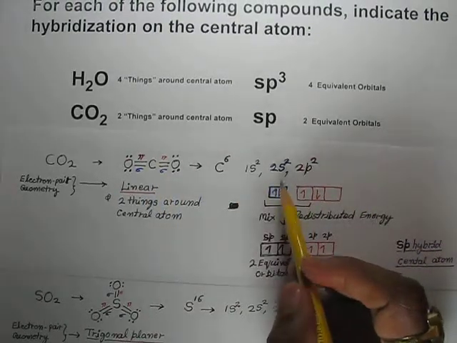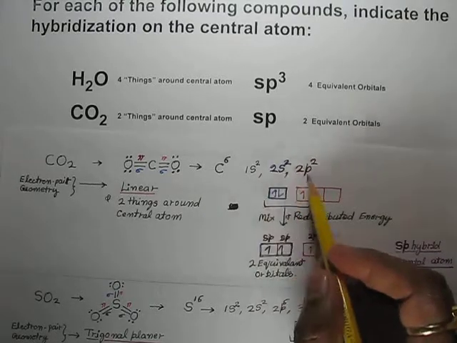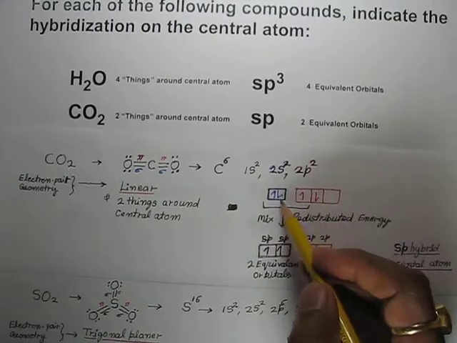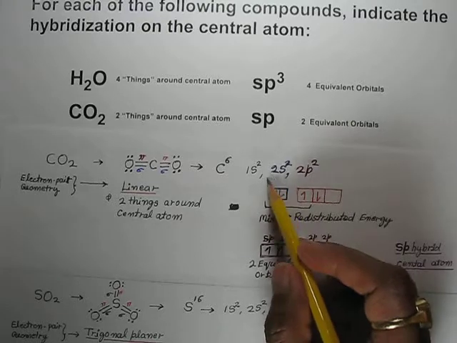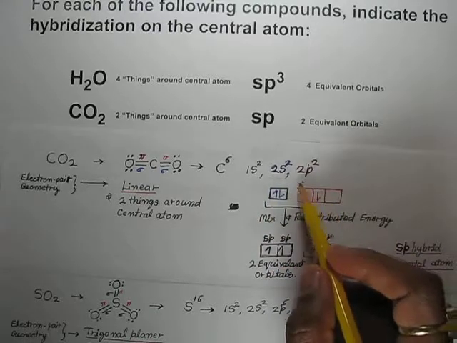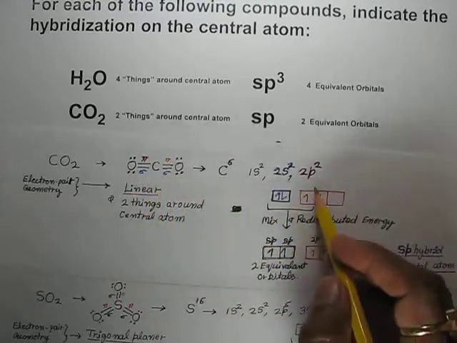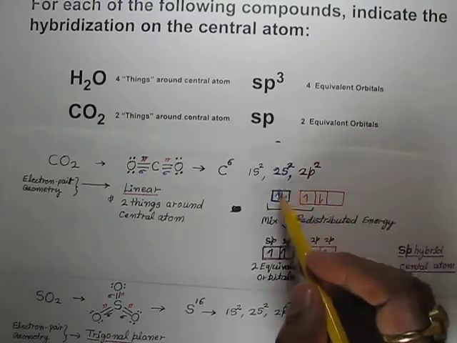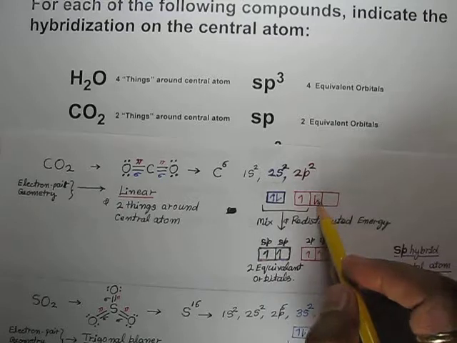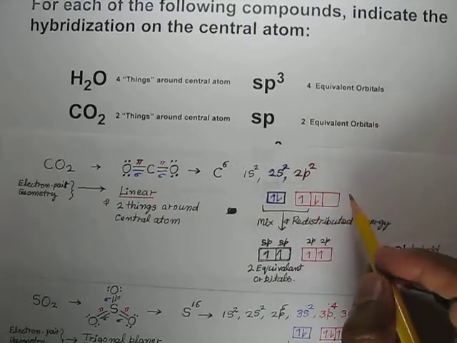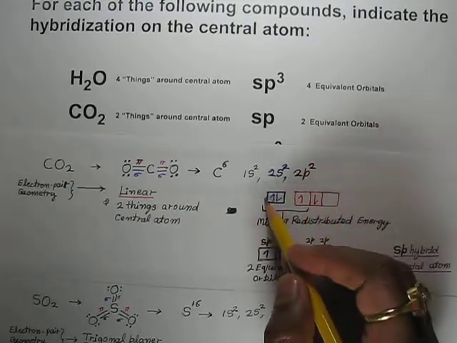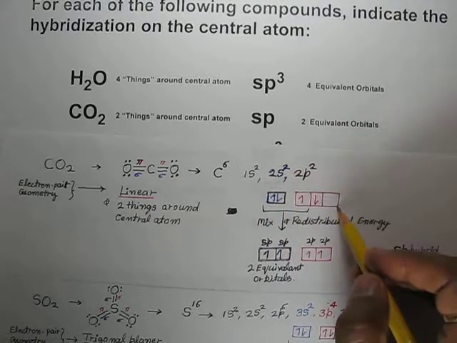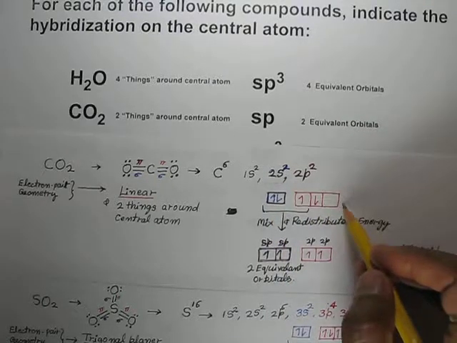When you write the electron configuration of carbon, it will be 1s2, 2s2 and 2p2. You will notice that these are the valence electrons, and we are talking here only about valence electrons and valence orbitals. These two types of orbitals or valence electrons are at different energies, exactly like one is coconut milk and one is pineapple juice.